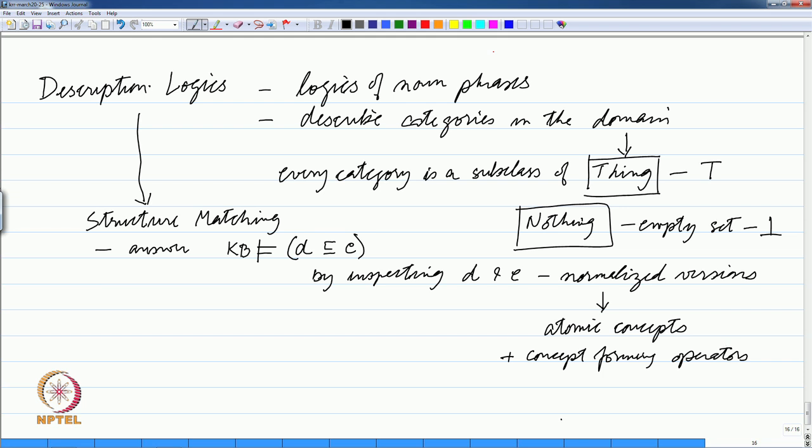And this particular language that we saw has 4 such concept forming operators. One says ALL R D, where R is a role, and a role is basically a binary relation.